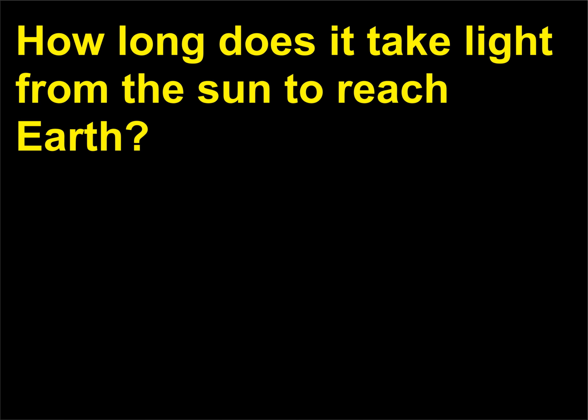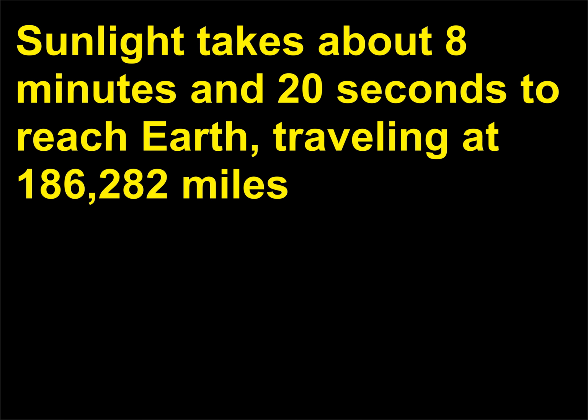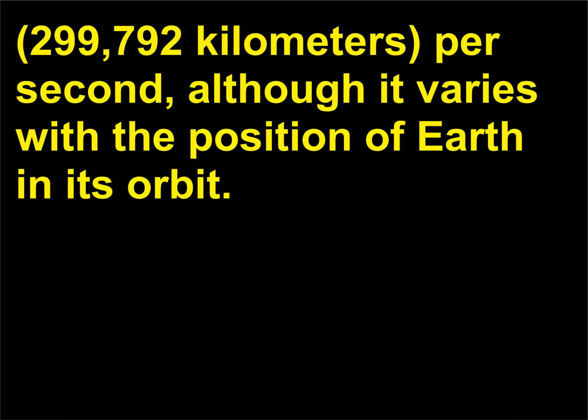How long does it take light from the Sun to reach Earth? Sunlight takes about 8 minutes and 20 seconds to reach Earth, traveling at 186,282 miles, 299,792 kilometers per second, although it varies with the position of Earth in its orbit.